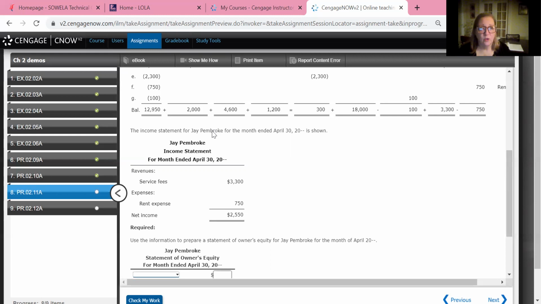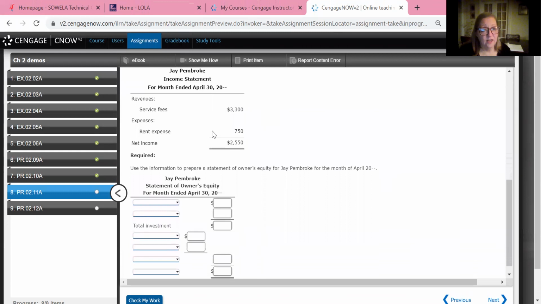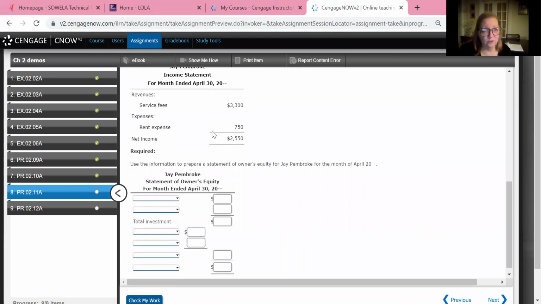You have all of your accounts either in a worksheet or in what's called a trial balance, which is just a list of all the account balances. And you build first the income statement. And then the bottom line of the income statement shows that net income. It's going to flow into the statement of owner's equity. And so we had to do income statement first. And that's why they provided it for you. So we can use this number 2550 in our owner's equity statement.